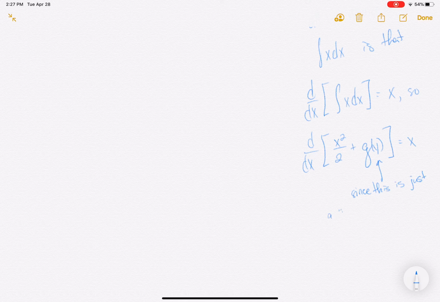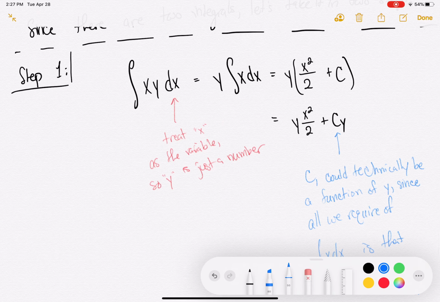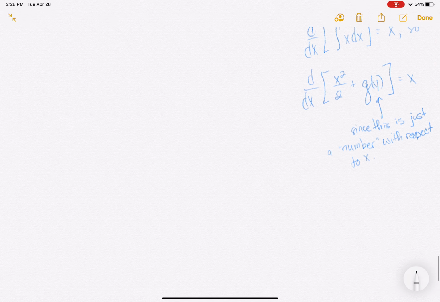Just a number with respect to x. So that's really what's going on there. So instead of writing y x squared plus c of y, I'm going to write this as y x squared over 2 plus g of y. So over here, this is a constant. I'll put it in quotes. Really, it's a function of y. Okay, so that's the first integral.